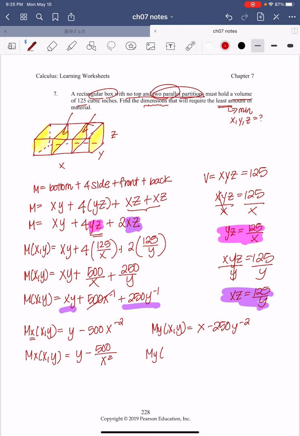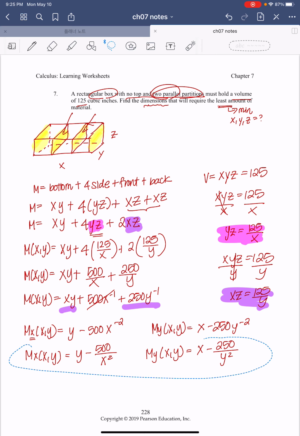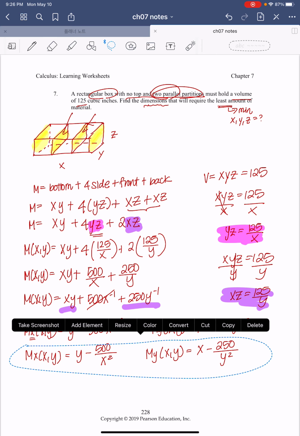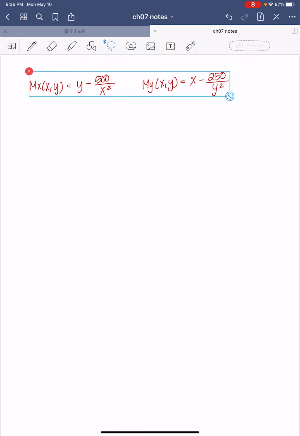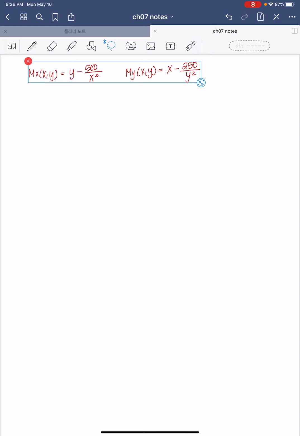So my function will look like X minus 250 over Y squared. I'm going to set these functions equal to 0 to find the critical point.